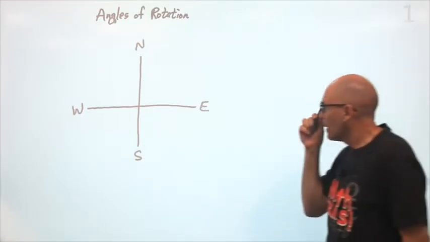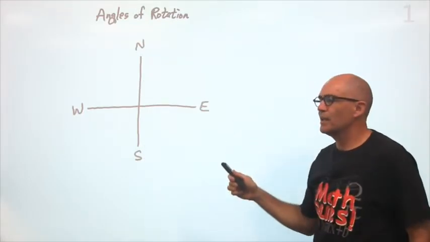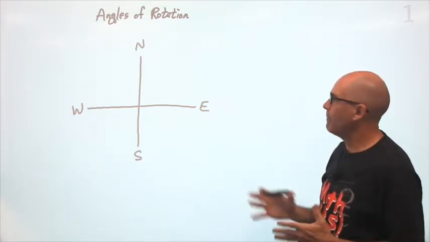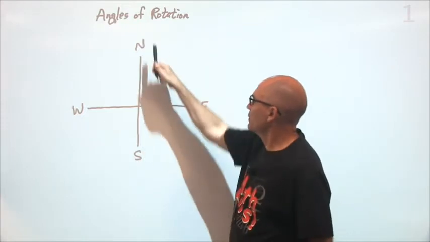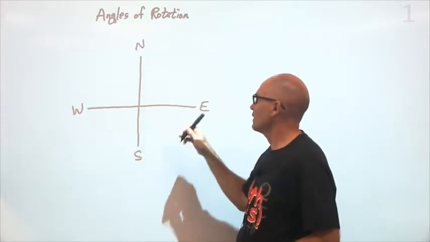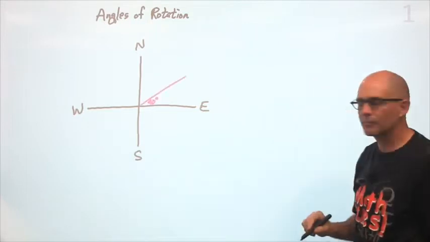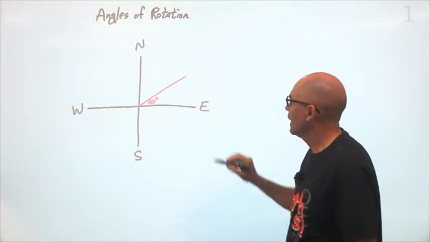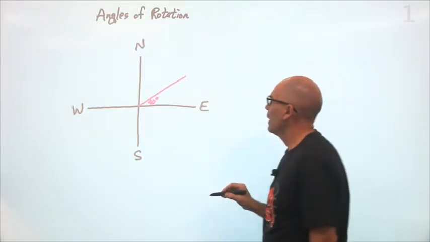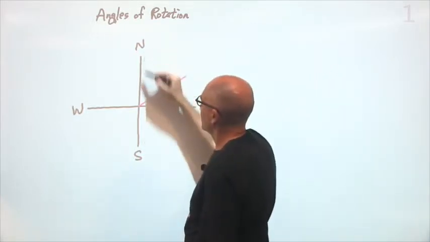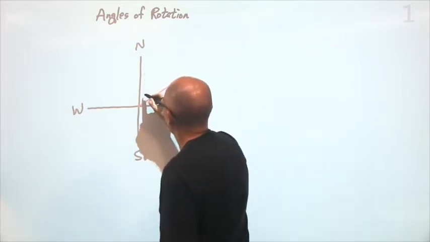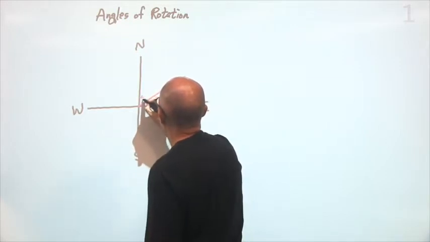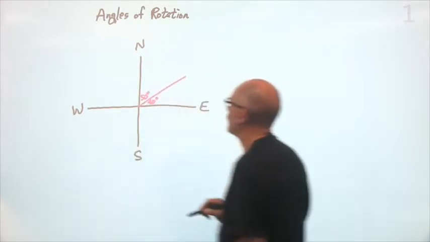Okay, now this time what we're doing is we're looking down at something, like we're looking at a map. So north is straight up, south straight down, east straight to the right, west straight to the left. Okay, so we have a 40-degree angle right here from east. Well, really what we want to do is talk about that from north. So if it's 40 degrees from east, then it's going to be 50 degrees off of north.